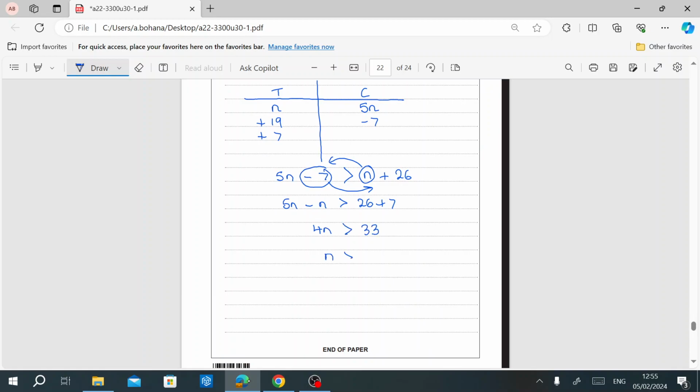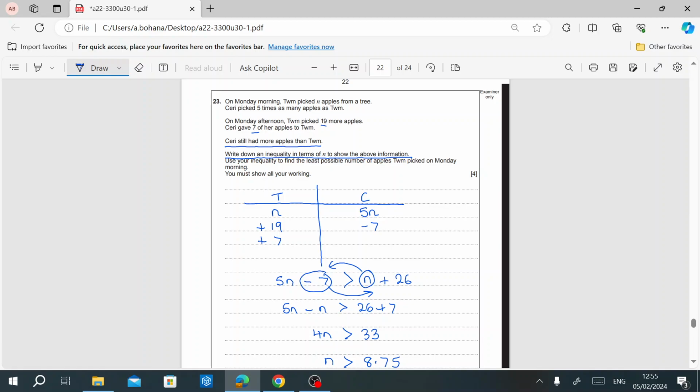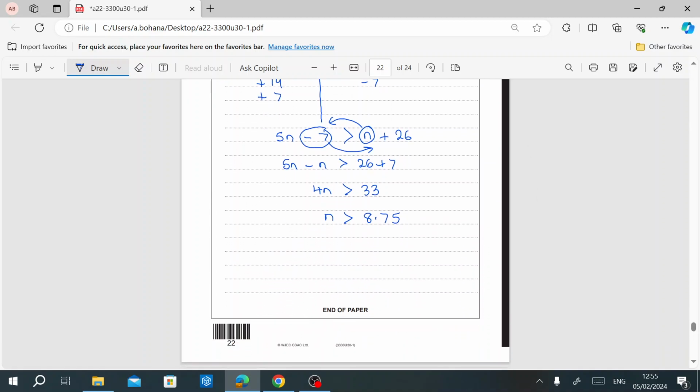And n is going to be greater than 8.75. Because it says here, use your inequality to find the least possible number of apples Tom picked on Monday morning. So it's got to be greater than 8.75. So the first whole number after that has got to be 9. So it's 9 apples.